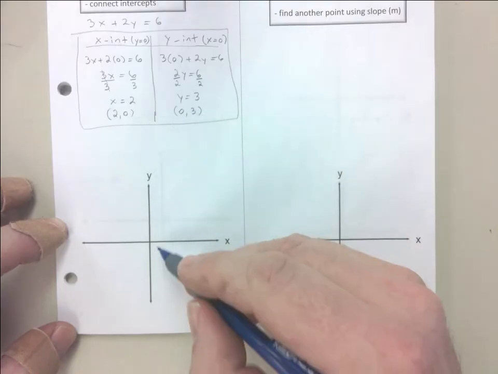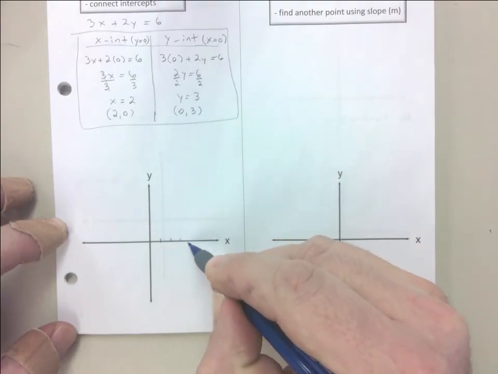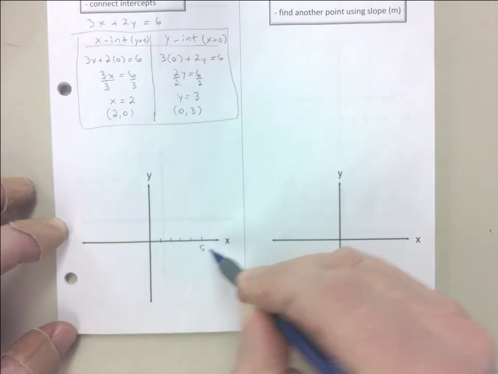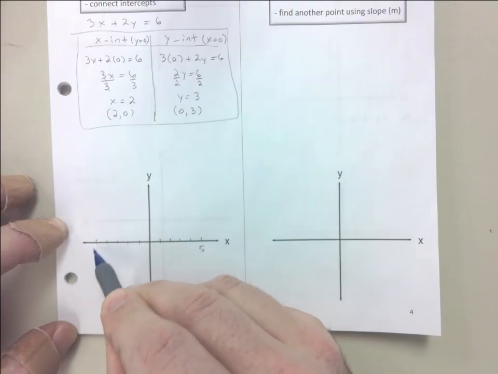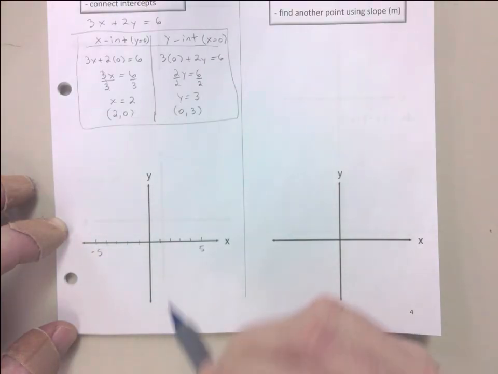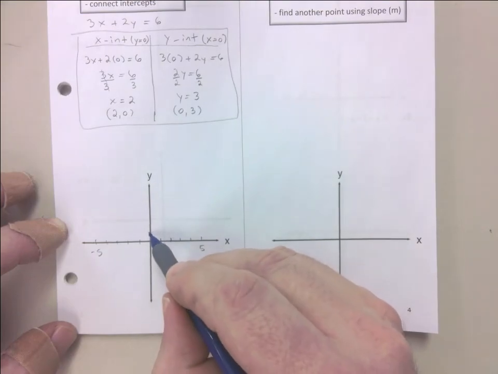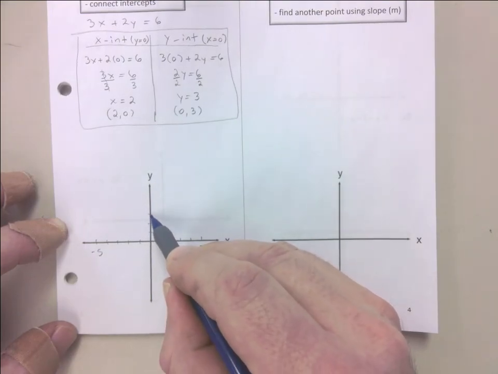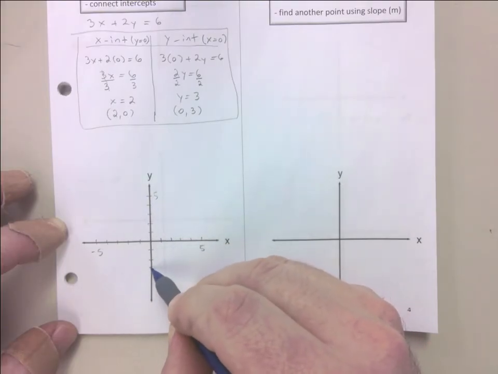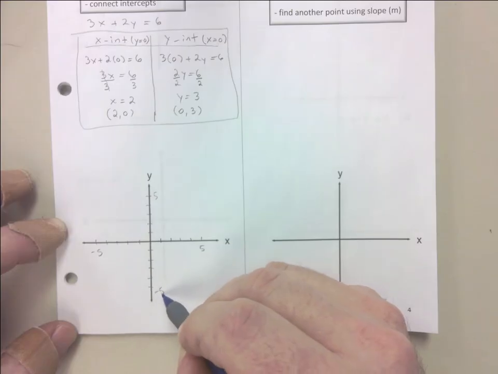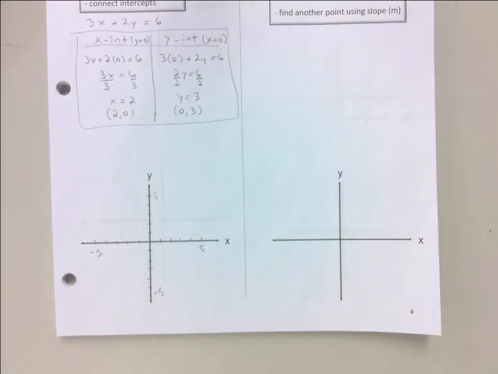But we can probably just go 1, 2, 3, 4, 5 to the right, and going to the left, we go negative 5. Try to space it out equally, and then 1, 2, 3, 4, 5. There we go. Going 5 in each direction will do for us today.